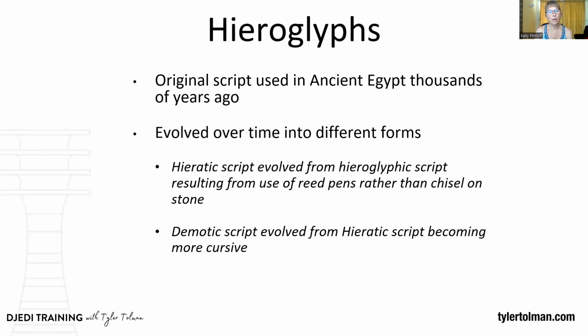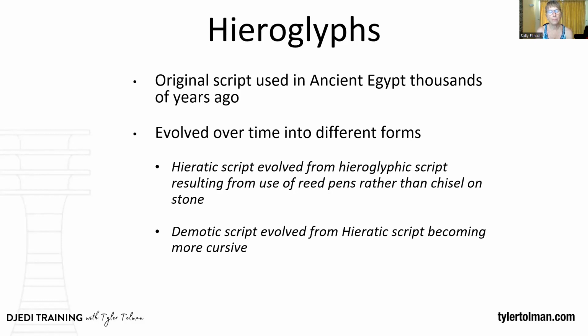And the demotic script evolved from the hieratic script, becoming even more cursive. Cursive just simply means rounded. So I guess this is really a result of probably laziness. As human beings, we always want to find the shortest path to achieve our goal.